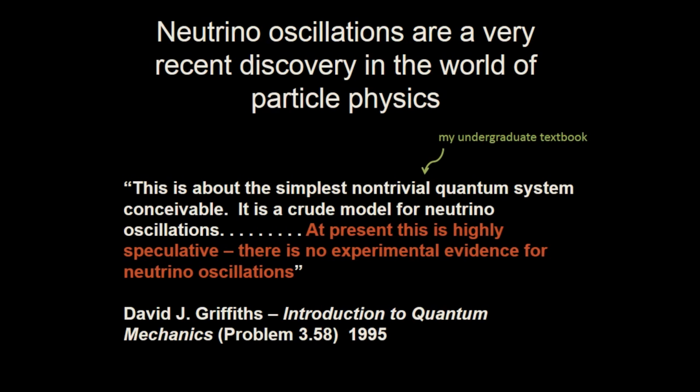When I was an undergraduate, we were assigned this homework problem, and we derived this. But there was this sort of unnecessary footnote in 1995 about this being a simple, non-trivial quantum system. It is a crude model for neutrino oscillations. At present, this is highly speculative. There is no experimental evidence for neutrino oscillations. This was in 1995. Remember, 1998 is when the Super K result hit the front page of the New York Times. So things changed very quickly between 1995 and 1998 and have continued to evolve since then.